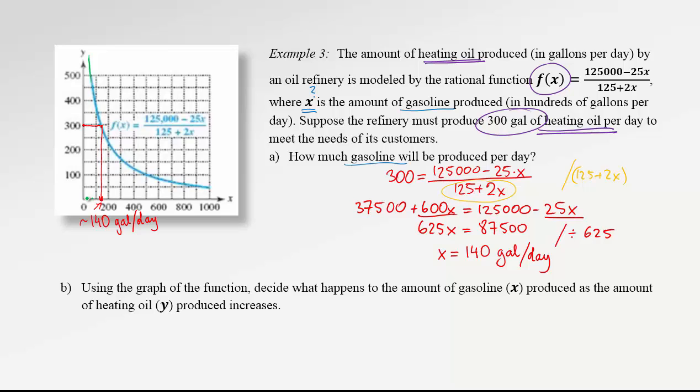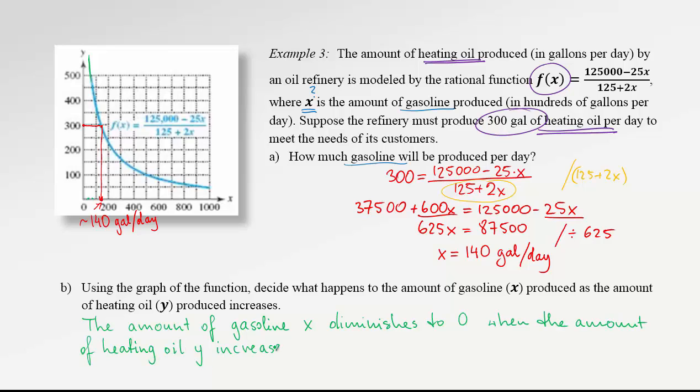When x is getting closer and closer to 0, the closer the number to 0, the higher the value of y, which means we can record the following. The amount of gasoline x diminishes to 0 when the amount of heating oil y increases. So in terms of arrows, we can say y is running away towards infinity when x is getting closer and closer to 0.